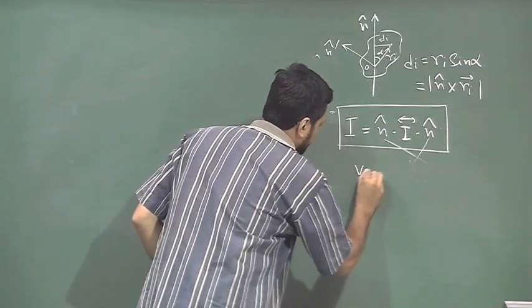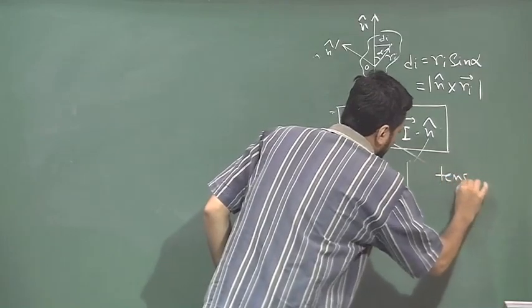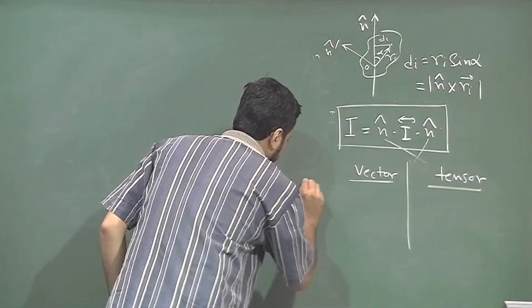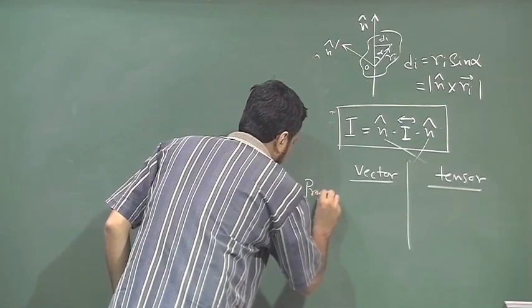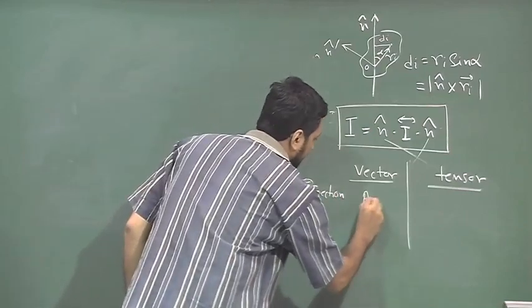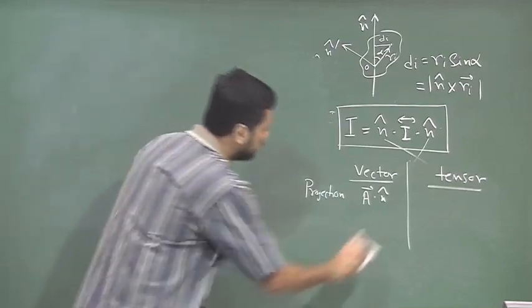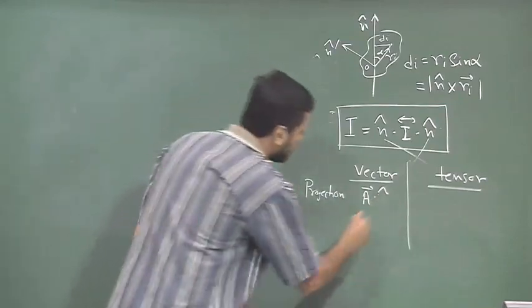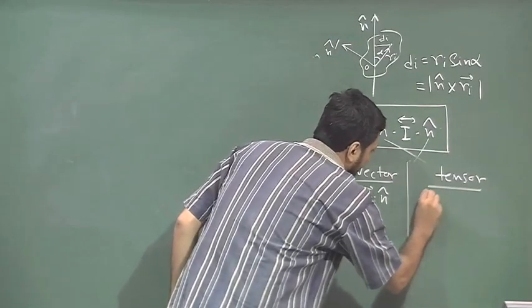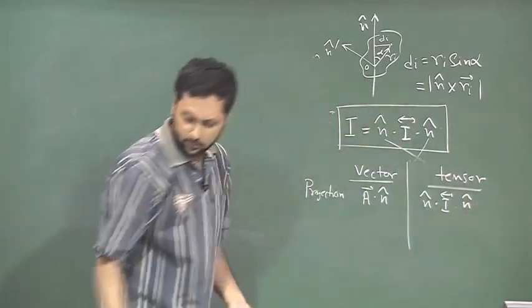So, when we compare vector and tensor in terms of projection, vector is simply A dot n. Is it visible? Yeah, A dot n, and tensor is simply n dot I dot n, or it could be any tensor actually.